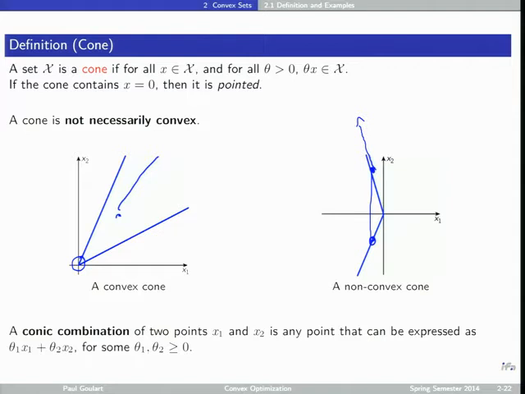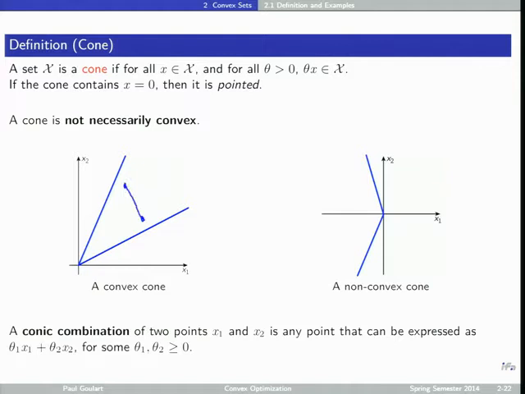We say that a conic combination, instead of a convex combination, is any point where I take 2 points inside the set and multiply them by some thetas, and the 2 thetas have to be non-negative. The only difference from a convex combination is that in a convex combination the 2 numbers have to sum to 1, and here they just have to both be non-negative. So I could pick a point right here and a point right here, and their convex combination is this.